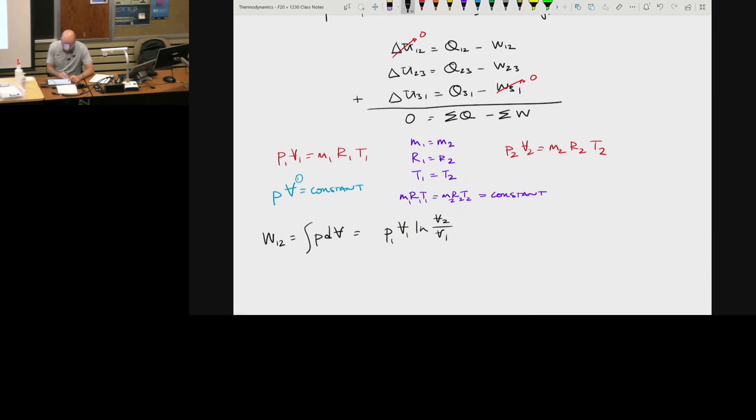I'm going to solve for work 1,2 equal to mass times pressure 1, specific volume 1, natural log of specific volume 2 over specific volume 1. And then solve for work over mass.